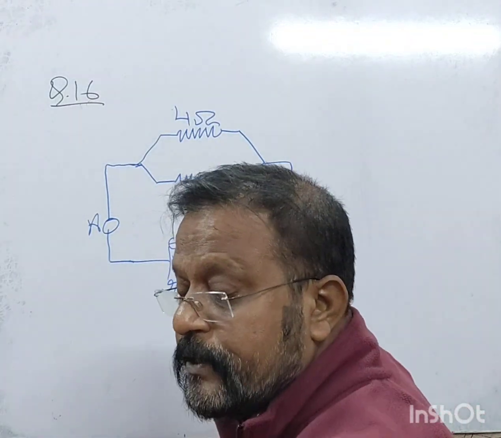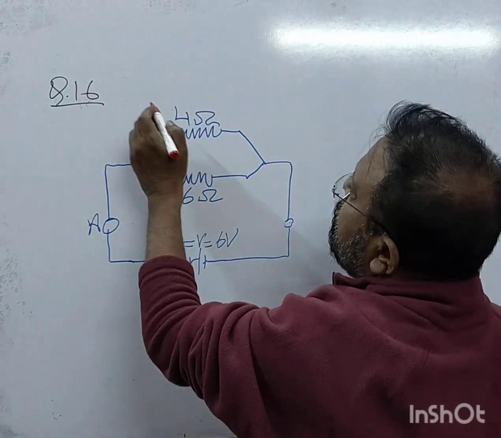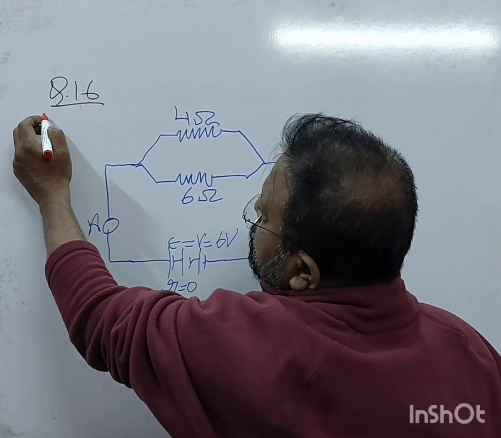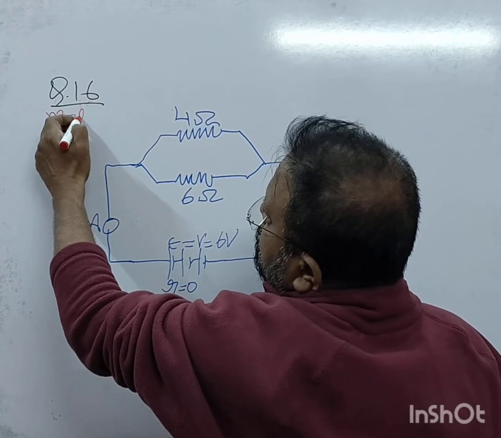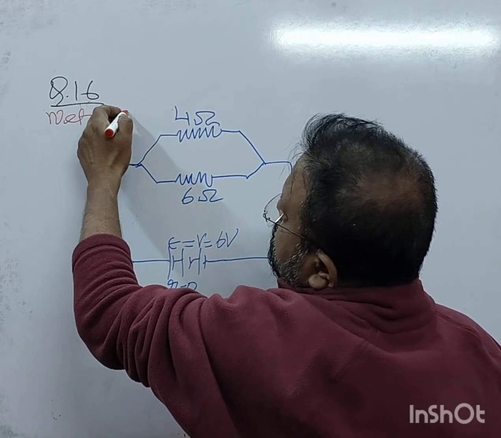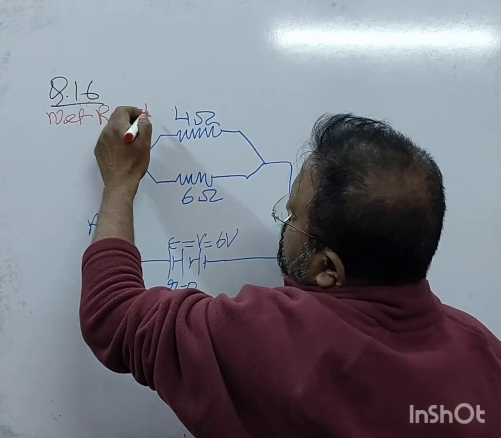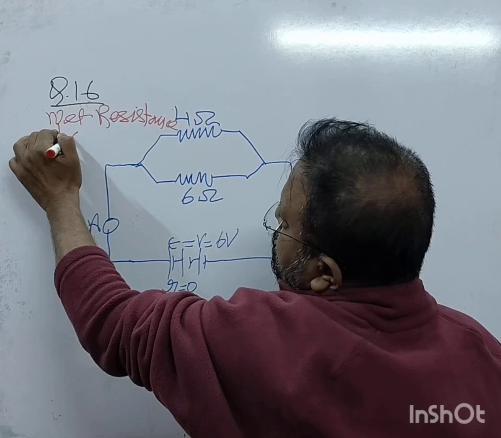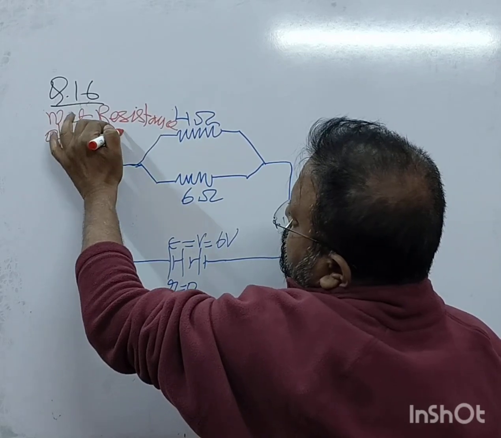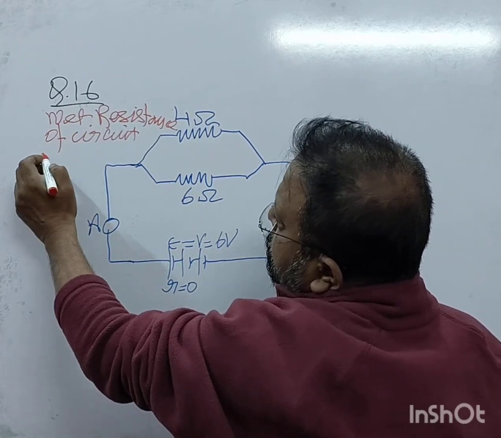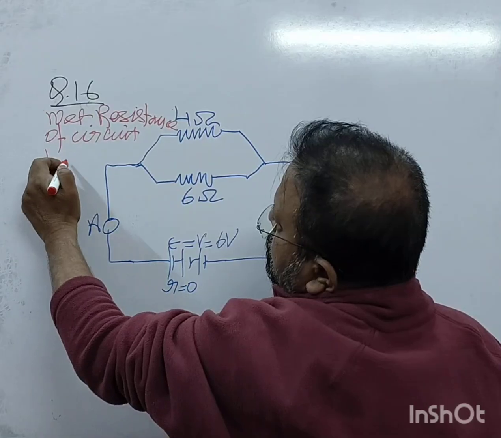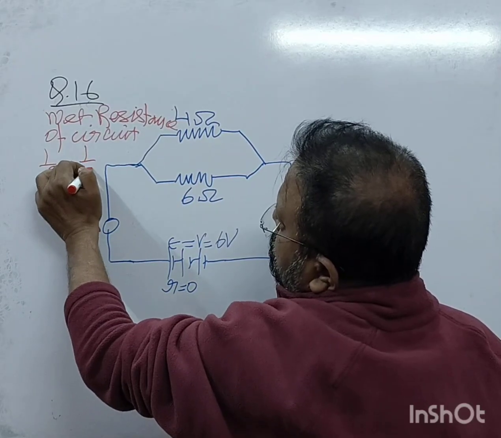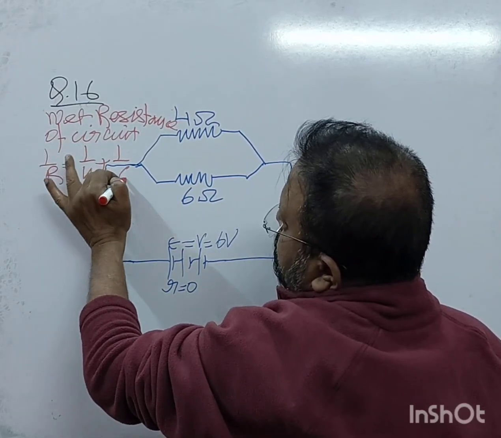Total resistance of the circuit will be net resistance of circuit. Net resistance of circuit: 1 upon R is equal to 1 upon 4 plus 1 upon 6.